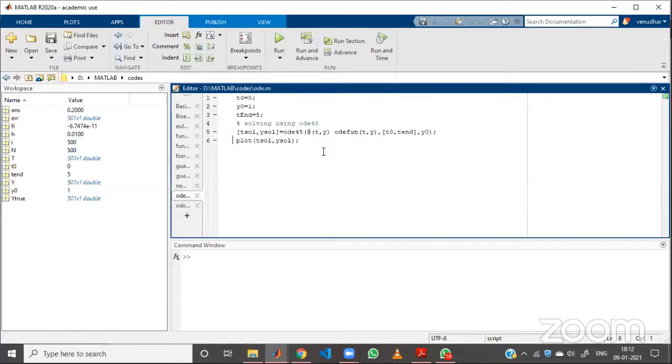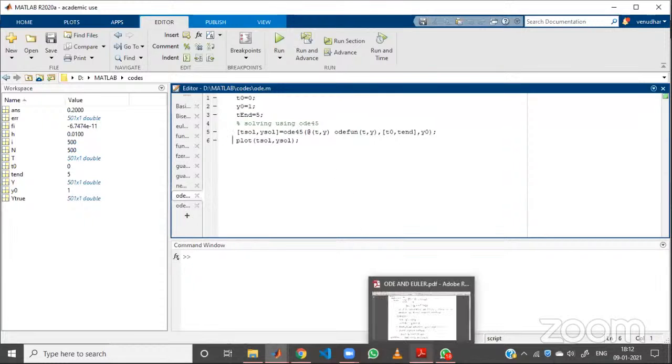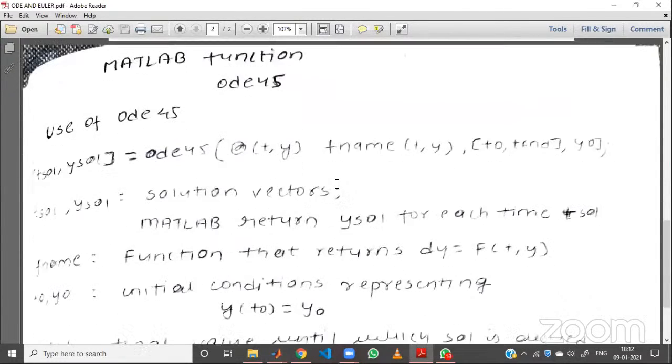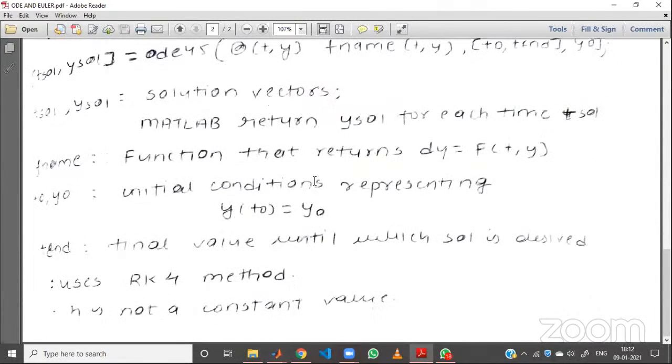ODE45 has a different algorithm, meaning it solves the ODE by a different method. It solves the ODE by the RK4 method, not Euler's method. h is not a constant value.